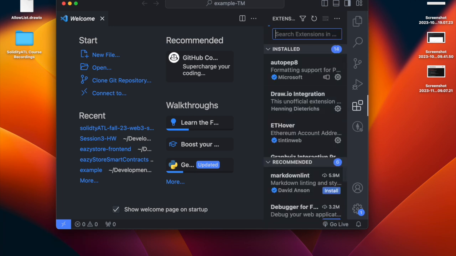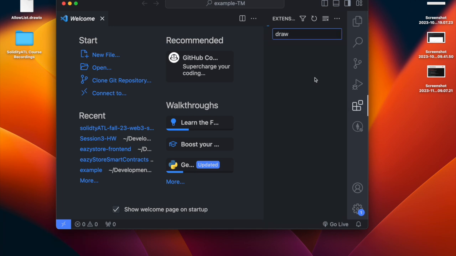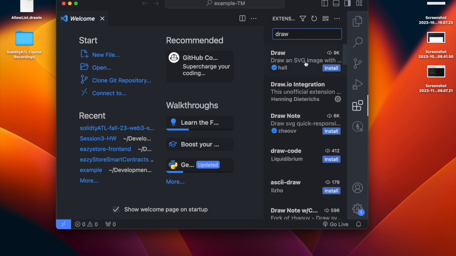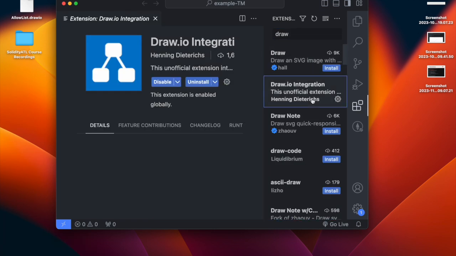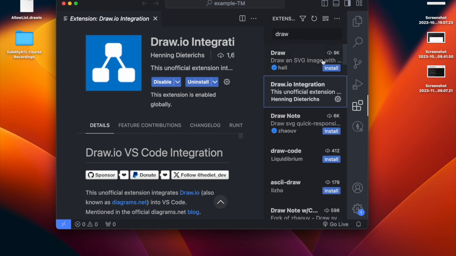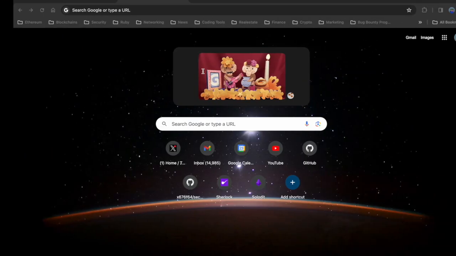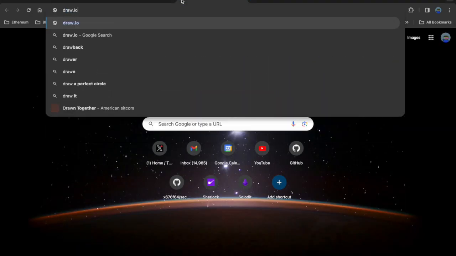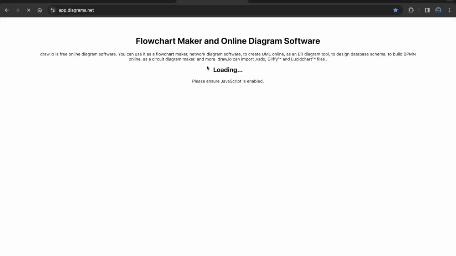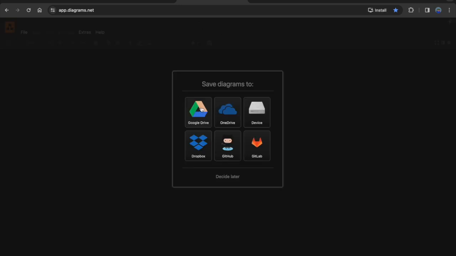First thing you might want to do is get the draw.io integration extension. This is the one I have. It's amazing for doing draw.io diagrams within VS Code. For those of you who are not familiar, draw.io is a simple way to create flowcharts from your device.